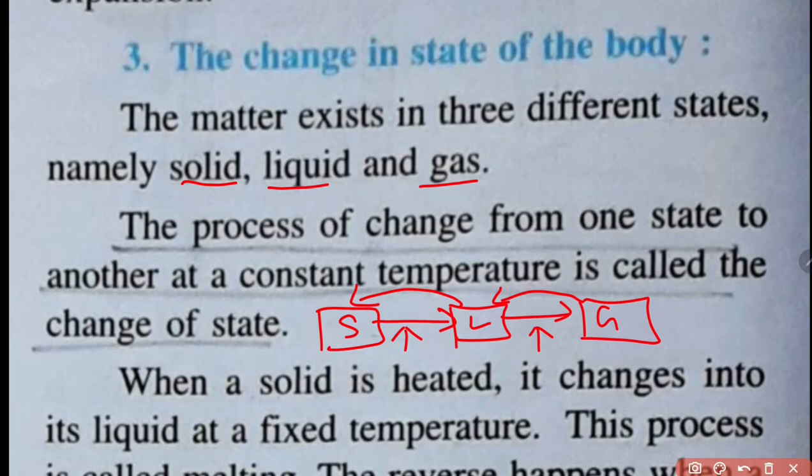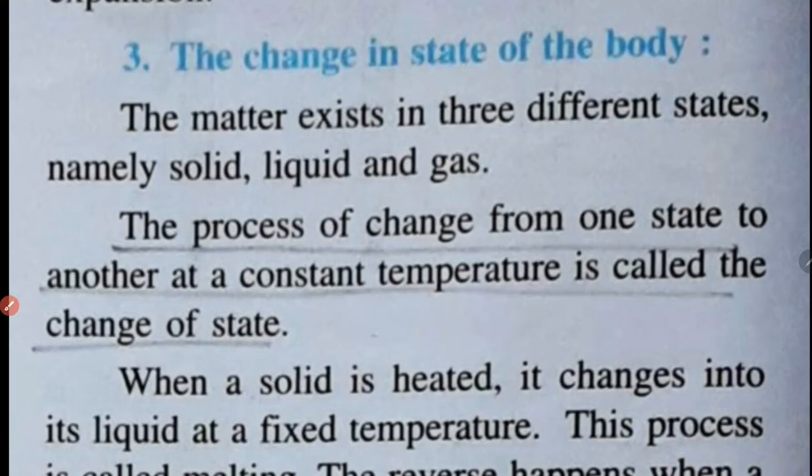This thing probably you have studied in class 6 in chemistry. Now let us understand this thing in more detail. They are saying the process of change of one state to another. One state to another means solid to liquid, liquid to gas, gas to liquid, or liquid to solid, etc.